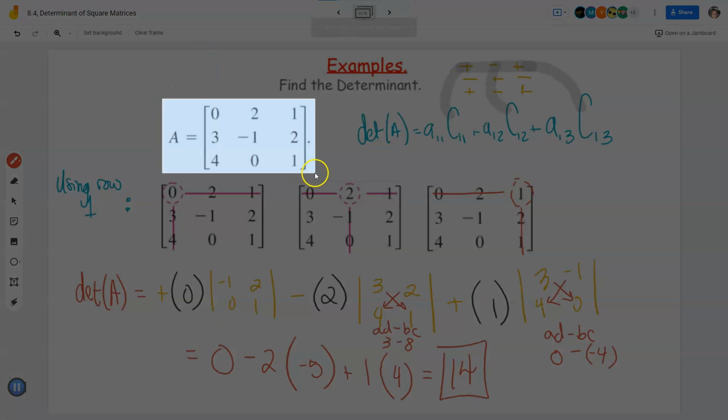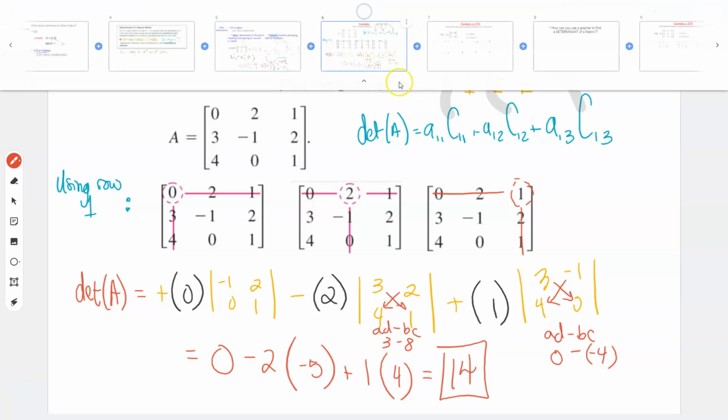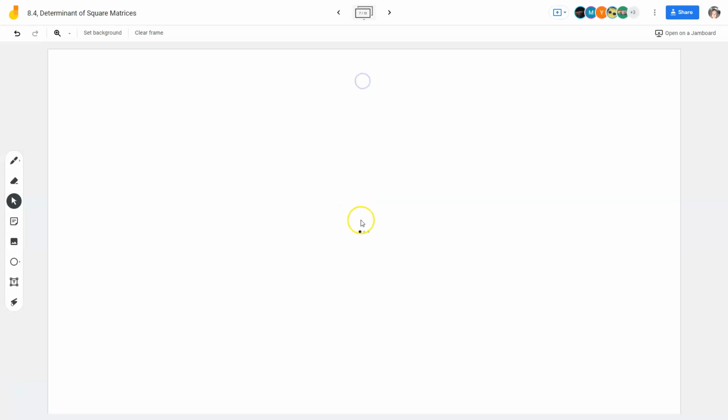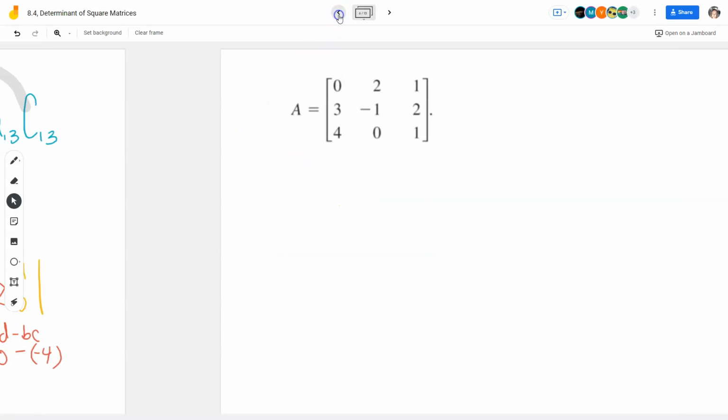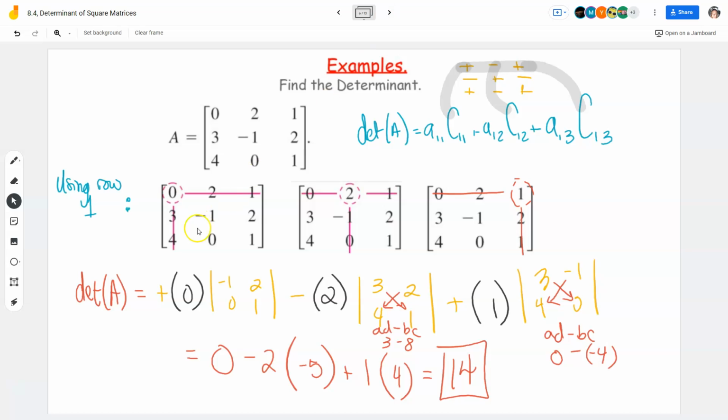Jackson has his hand up. For the formula, does the A and the C stand for anything specific? Yes, which is exactly why you should pause and see if you wrote it down. A is the appropriate entry in the mth row, nth column, which is exactly what I used first with my 0 and my 2 and my 1.